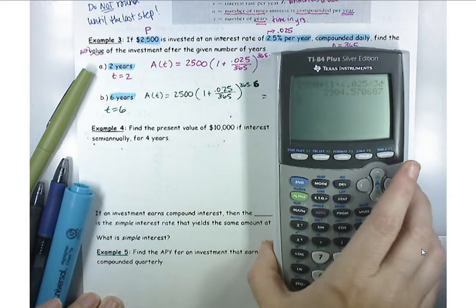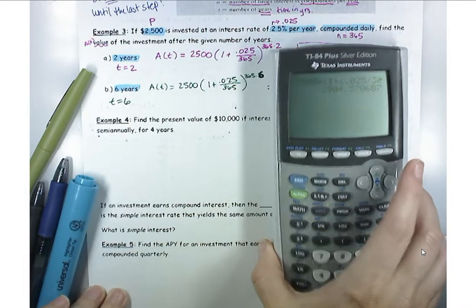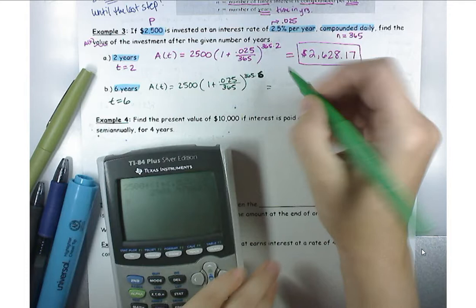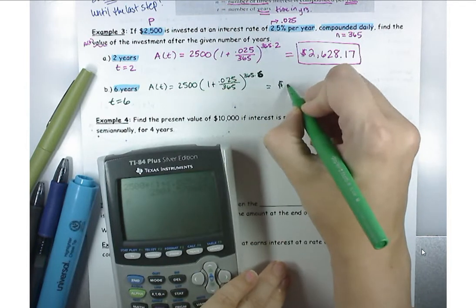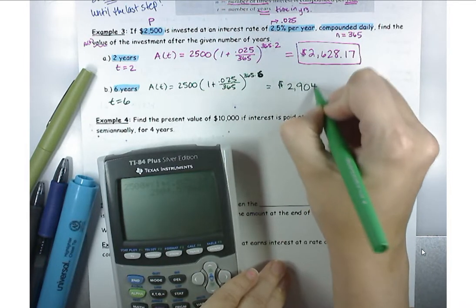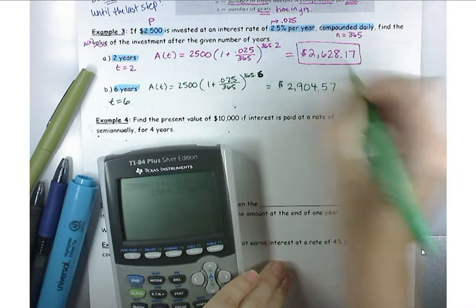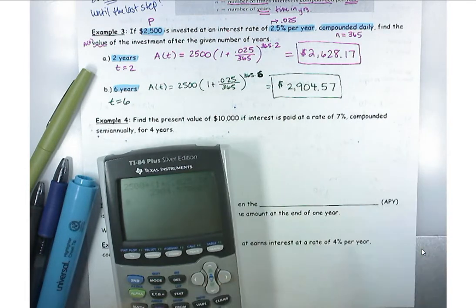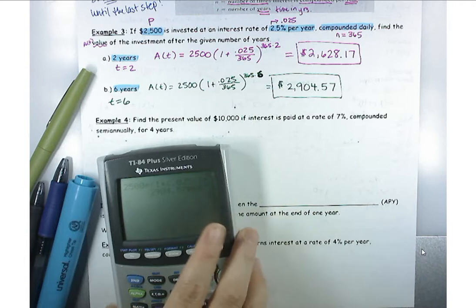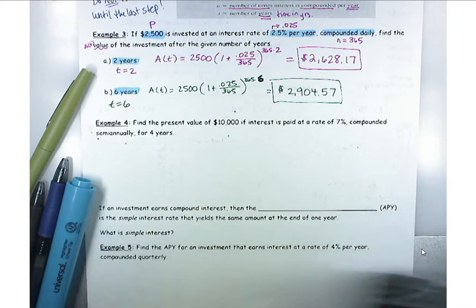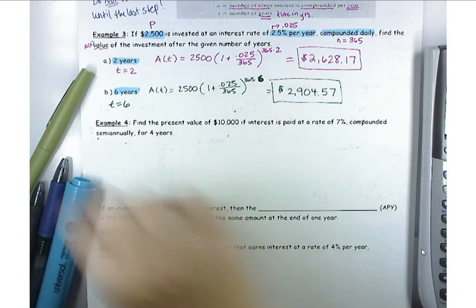Okay, and then you should get $2,904.57. How did you guys do? Were you able to get the same exact values? Yes. Okay, make sure you guys do that on your calculator if you haven't.